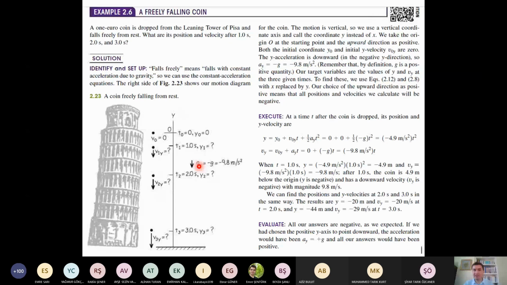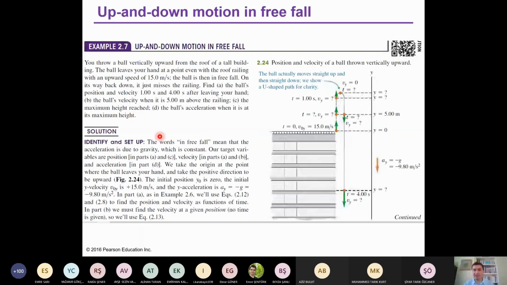Here we have up and down motion in free fall. So let's consider that again, this is a tall building, okay? This is the building and this is the roof of the building. These are the roof railing. You throw a ball vertically upward from the roof of a tall building.